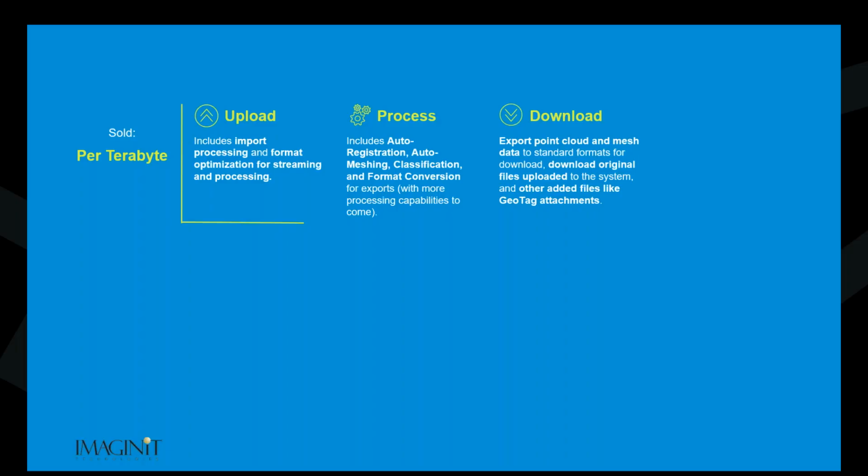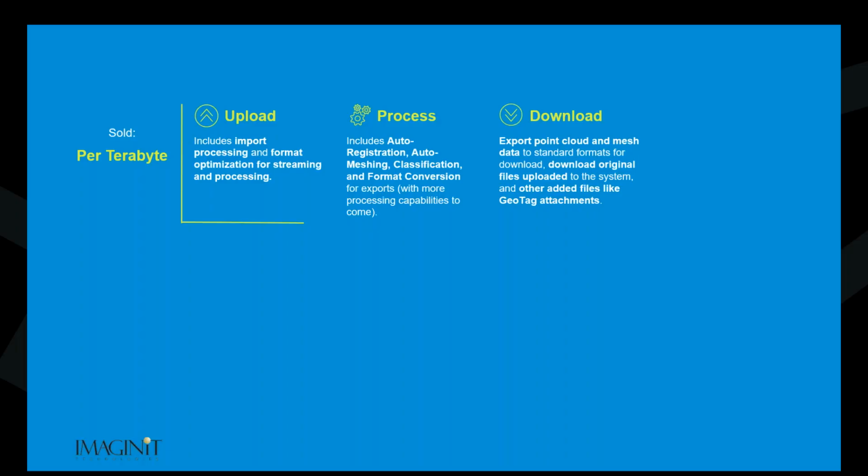Let's say, for argument's sake, I've got 10 terabytes worth of data. If I upload a project that is a gigabyte, it's going to chip away a gigabyte from my 10 terabyte allocation. Import processing, format optimization for streaming and processing, those will chip into my allocation.